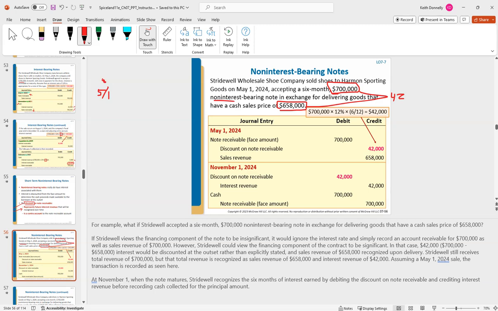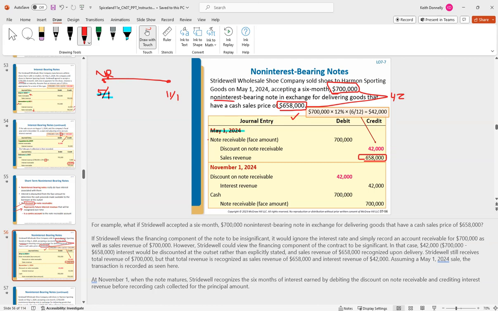The sale is here on 5/1. We're going to collect 6 months later on 11/1. So here's the note receivable. Let's look at this. 5/1, what do we do? We're going to debit note receivable for the face amount, 700. Credit sales revenue, in this case consistent with what its cash sales price would be.